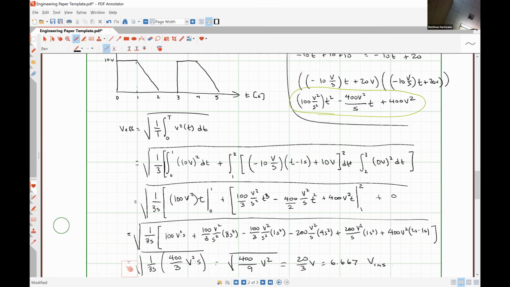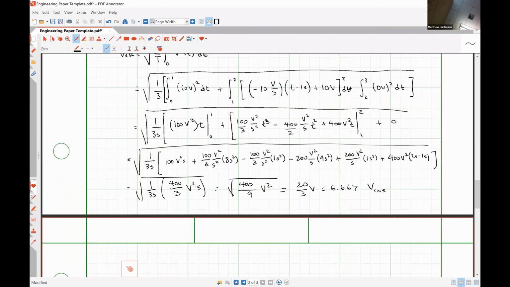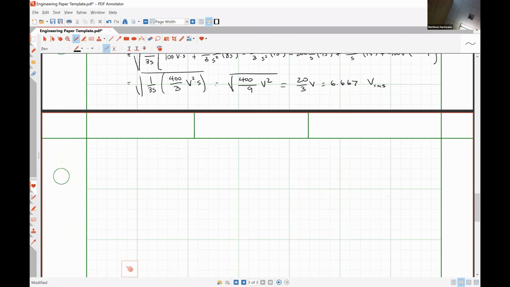So we have roughly 15 minutes left, so let's look at something pretty simple, in my opinion, in comparison. Let's say that we have i of t equal to Im cosine omega t plus some phase angle theta I. And we want to figure out what the effective value for this guy is.